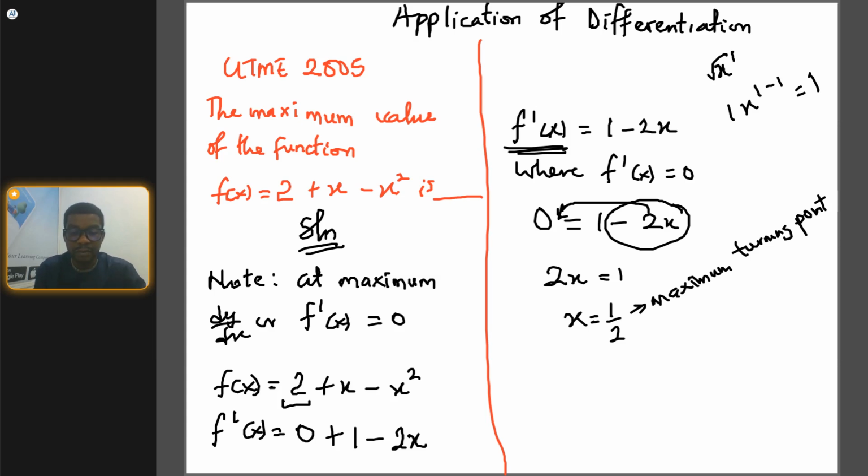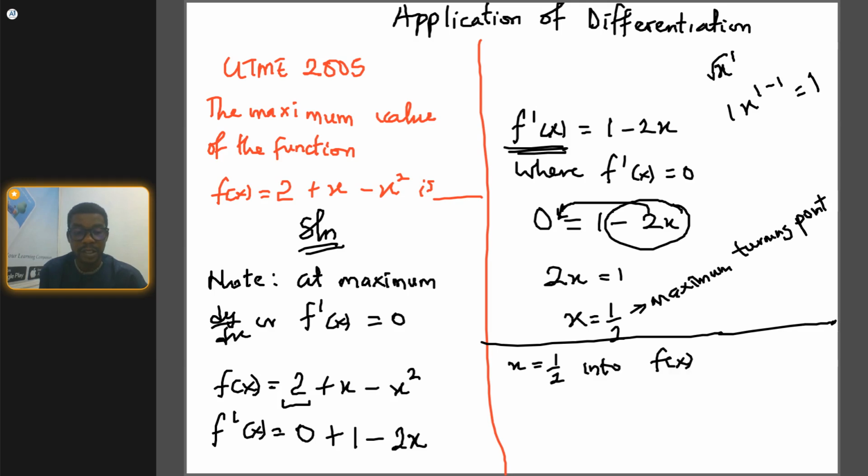So if we substitute x equals 1 over 2 into f of x, then we are going to obtain the maximum value. So let's bring the f of x now.